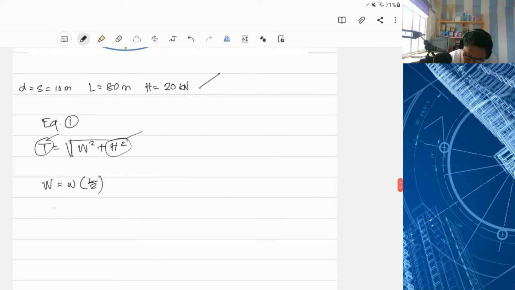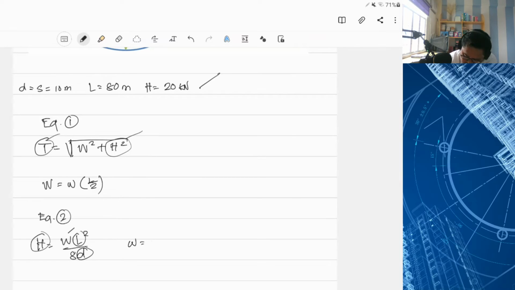We have L, 80, but we don't have the distributed load, small w. So let's see if we can find small w from this equation. Recalling equation number 2, H equals w L squared over 8D. We can solve this because we have H, we have D, the sag, and we have L. So we can find w.